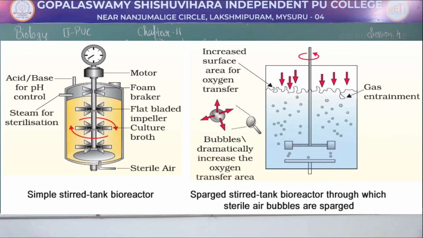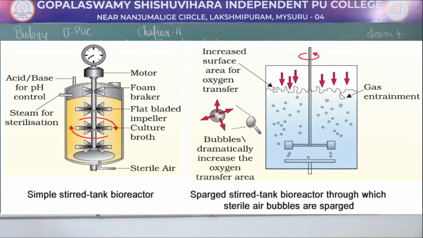In the first, simple stirred tank, you can see here a motor, acid base control, and a foam breaker which keeps on rotating to break the foam. Flat blades help in proper mixing of the culture broth, and sterile air is also sent inside. The steam of sterilization will be sent out, and within a very short duration you can obtain a large amount of the foreign gene product.